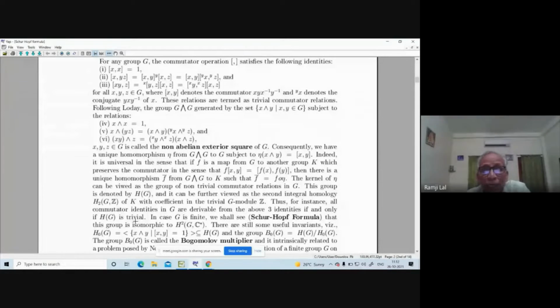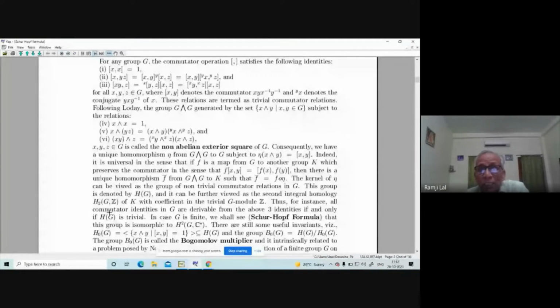In case G is finite, this group is isomorphic to the Schur multiplier. Indeed, 'we shall see' is not the proper term. I should say that it is already known. For groups, it is already known, and that was the Schur-Hopf formula, which was proved by Schur in 1904.